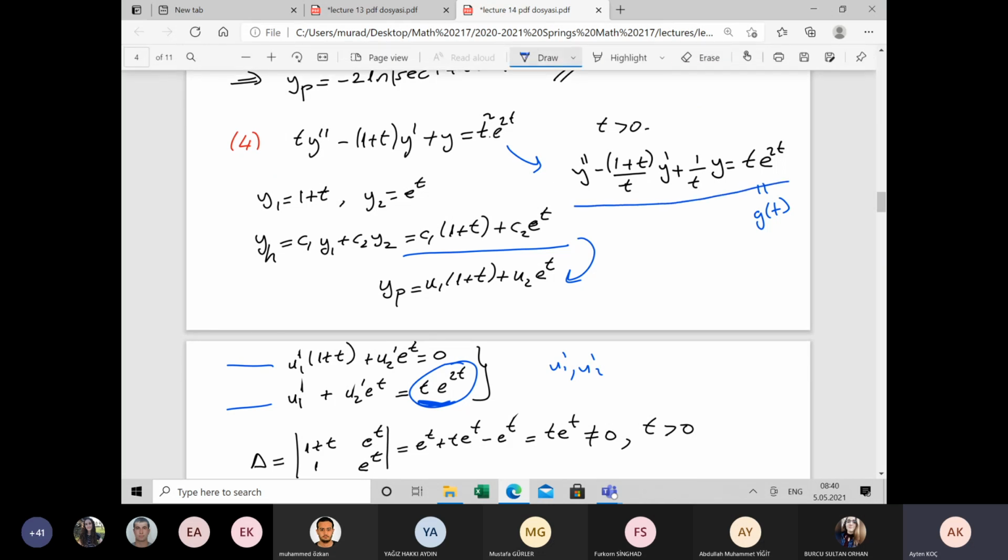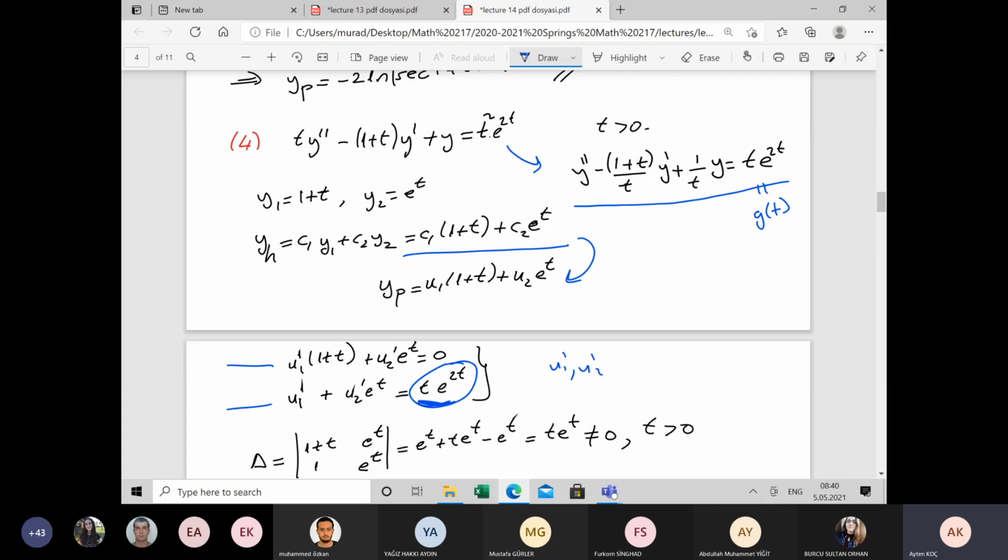The first part: check that the functions 1 + t and e to the t are solutions of our equation. This one is homework.